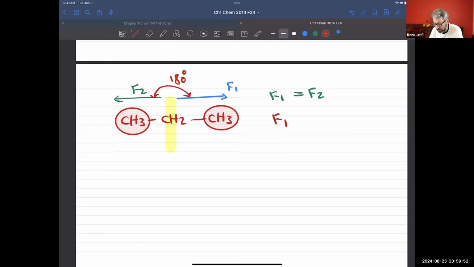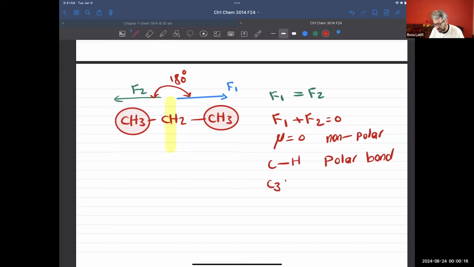So F1 plus F2 will be equal to 0. That means mu is going to be equal to 0, so this molecule is non-polar. Remember, you do have a CH bond, and the CH bond is a polar bond, but the molecule C3H8 is non-polar.